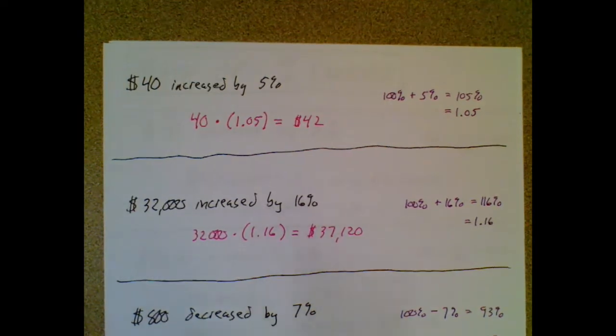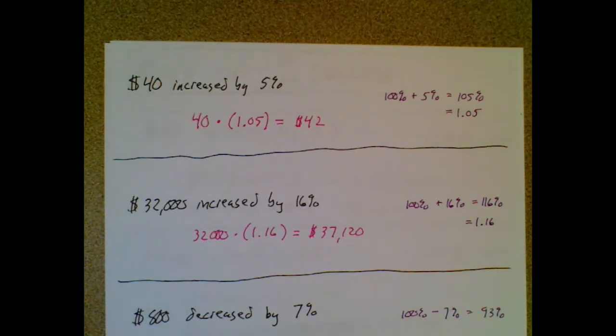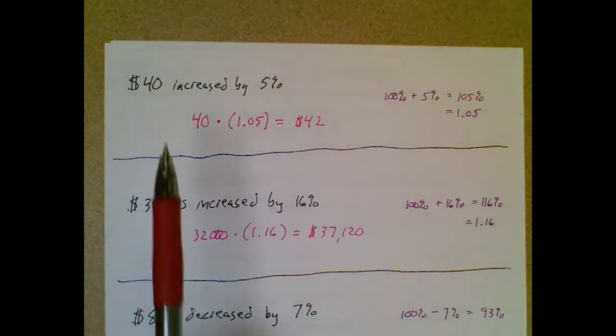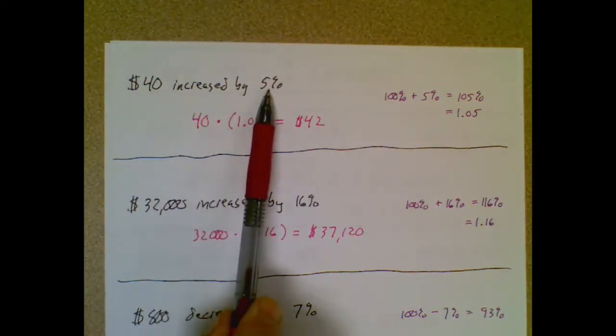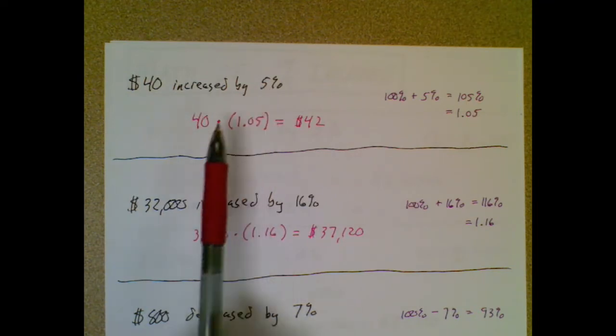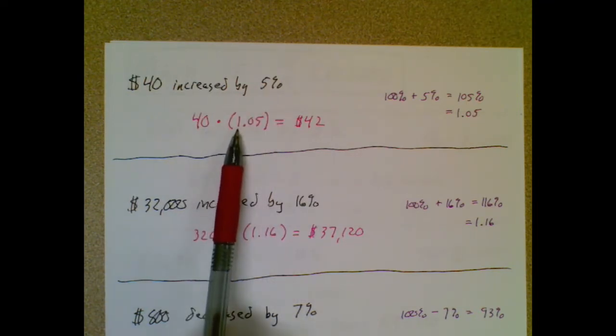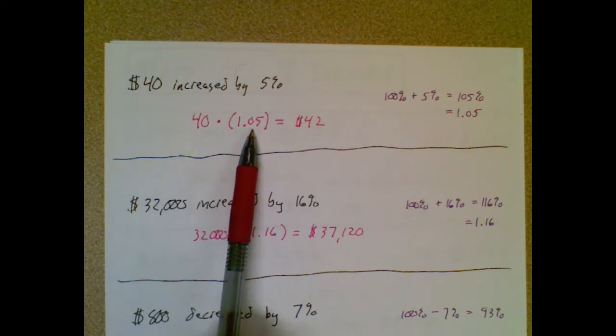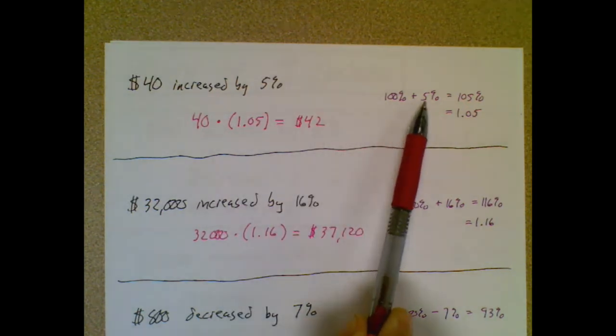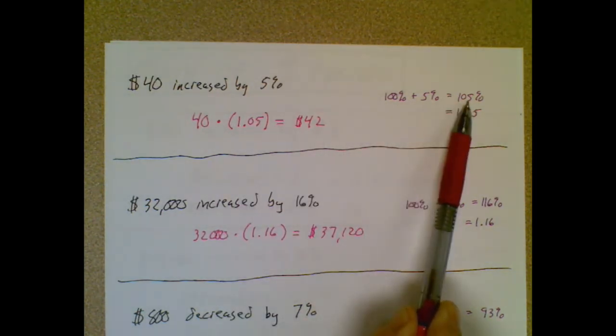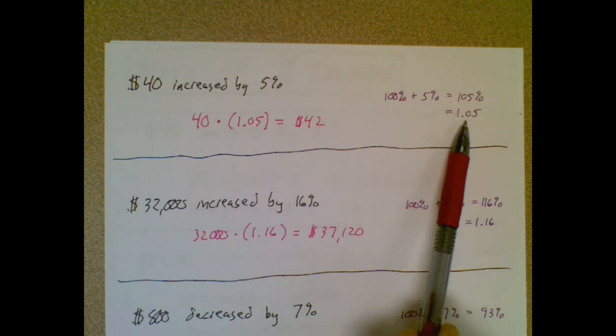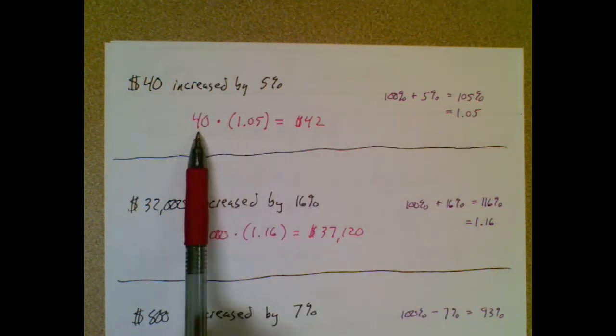However, I want to show you just another way to do percents, and if this turns out to be something you can use on a spreadsheet, fine, or you can just use the previous stuff. But an increase by 5%, like we did previously, is 40 times 1.05, and the way I think about that, 100% plus 5% is 105%. Putting that as a decimal is 1.05. Boom, boom, boom.